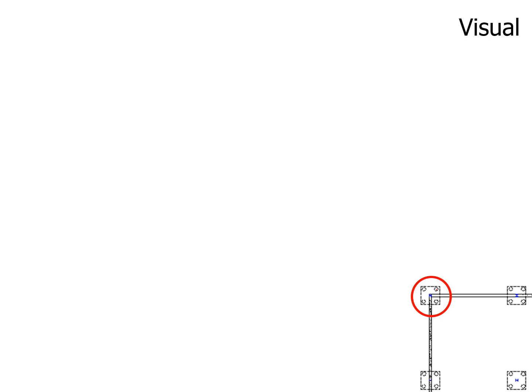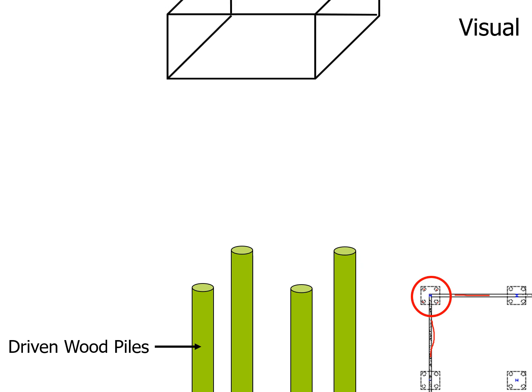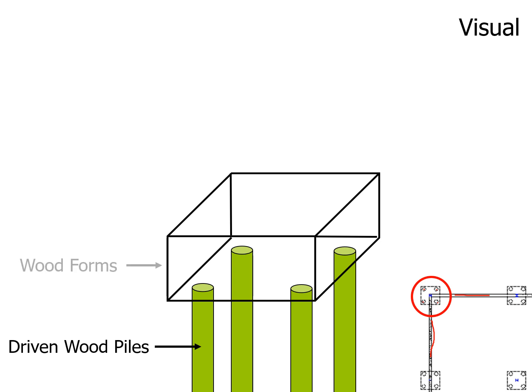The dots are the pilings. These lines here are the grade beams that are connecting the pilings together. So there are 4 wood pilings driven in the ground. Around the top of the 4 pilings, we embed these pilings up into the pile cap like 3 inches or so.